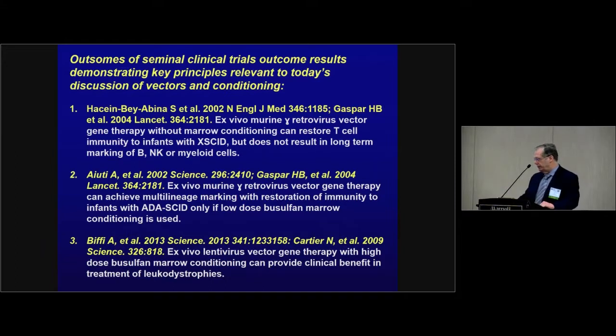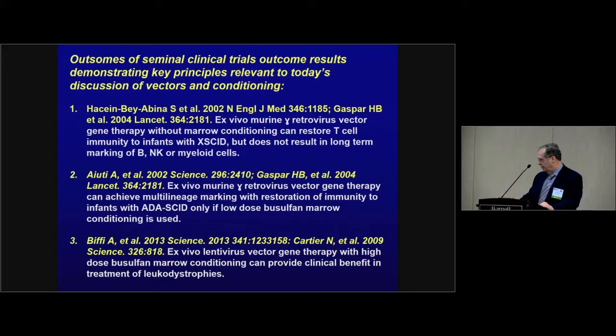In 2002, Aiuti and colleagues and Gaspar and colleagues, after many attempts to make gene therapy work in ADA SCID, using an approach that worked without conditioning in XSCID, found that if they used low-dose conditioning, they were able to get this to work and achieve multilineage marking with restoration of immunity to infants, but only if the low-dose busulfan is used.